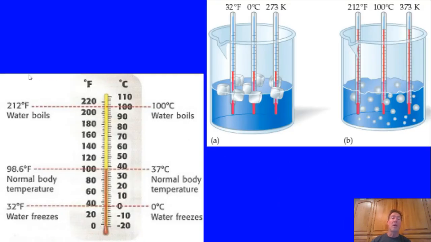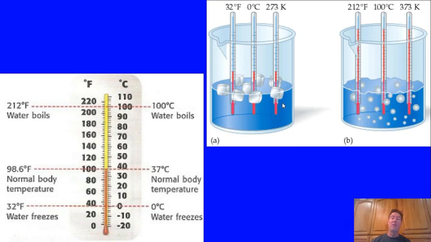So here's a way to compare all three. If we want to compare Fahrenheit and Celsius, the boiling point of water is 212 for Fahrenheit, 100 degrees for Celsius. The normal body temperature, 98.6 in Fahrenheit, is 37 degrees in Celsius. Water freezes at 32 degrees Fahrenheit, and over here Celsius is 0.